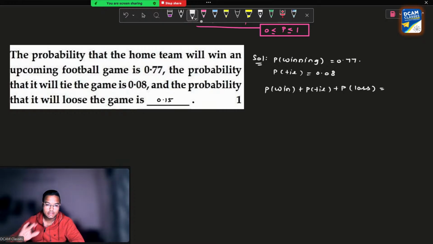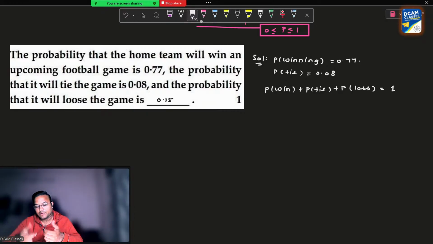When you have considered all the possible cases, the sum of all those probabilities is 1, because the sum of all the probabilities in an experiment is always equal to 1. Remember that.